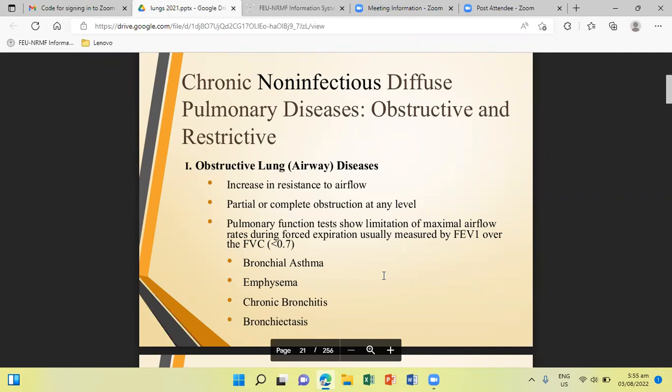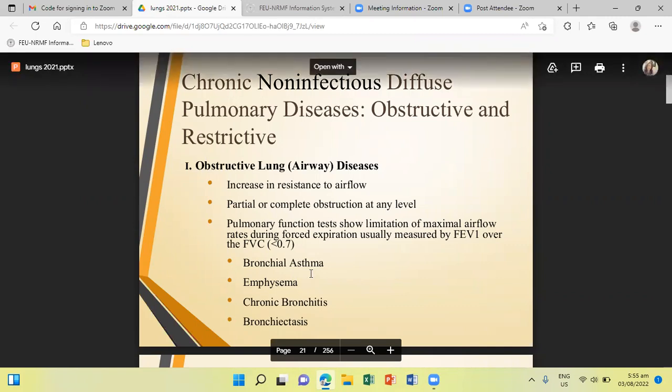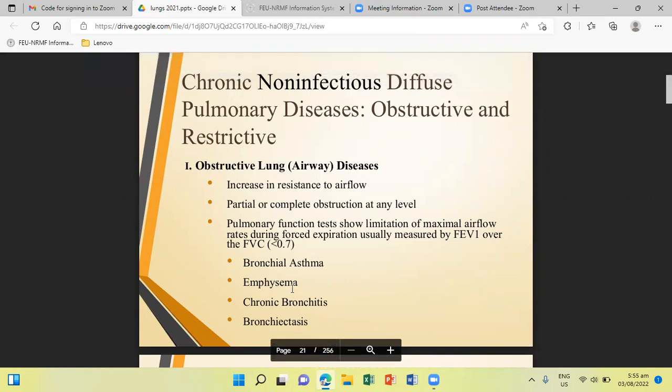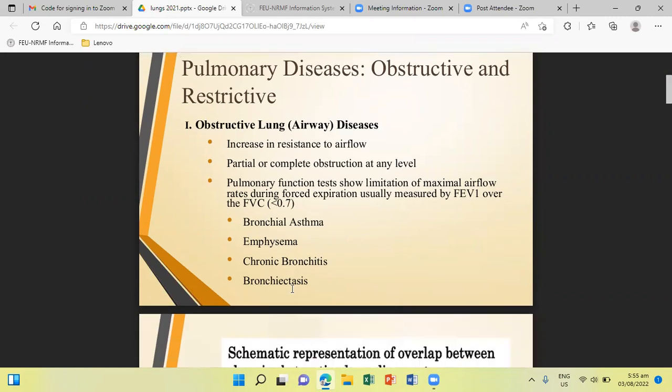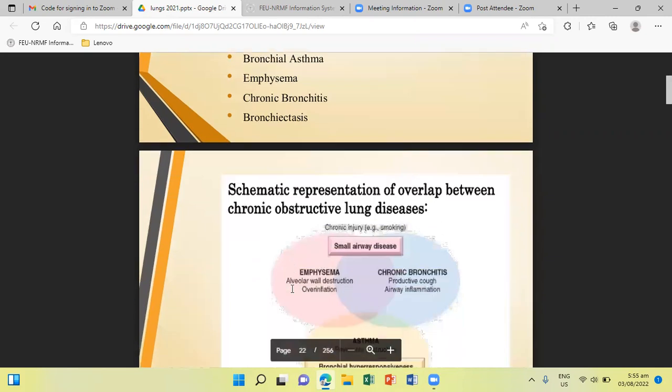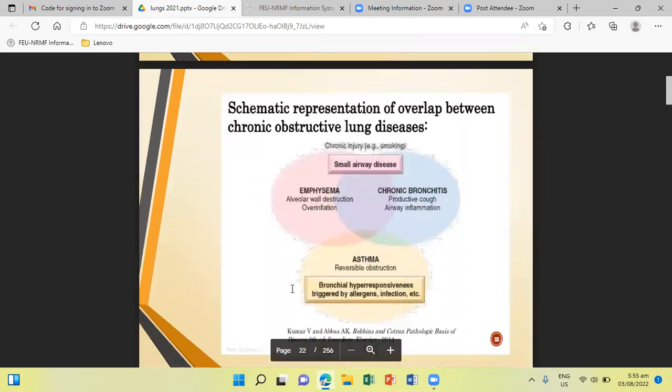So, examples of obstructive lung diseases are enumerated. We are going to talk about that a little later, one by one. This is an example of a schematic representation of overlap between chronic obstructive lung diseases. When you say obstructive lung diseases, the examples would be emphysema, bronchitis, and asthma.